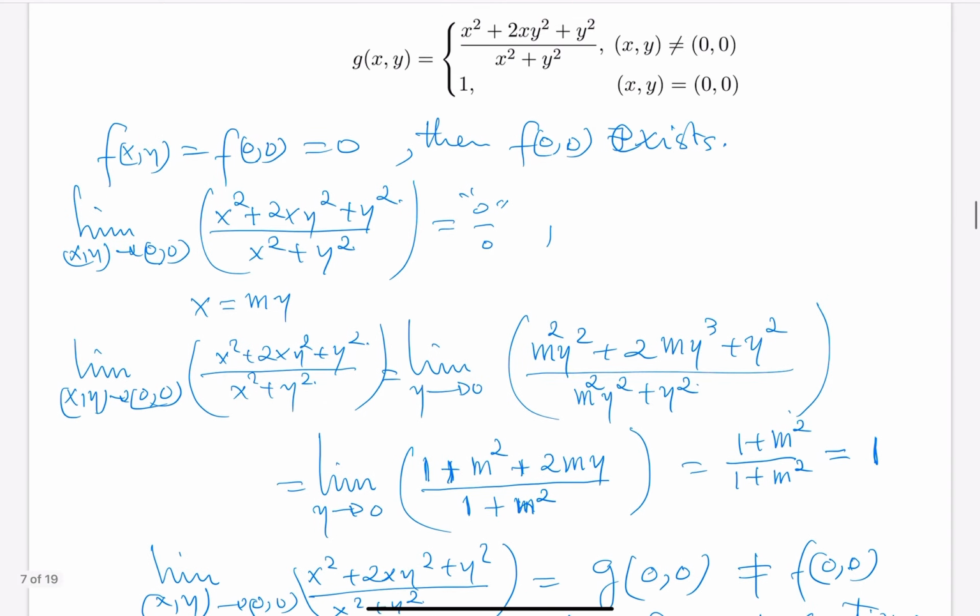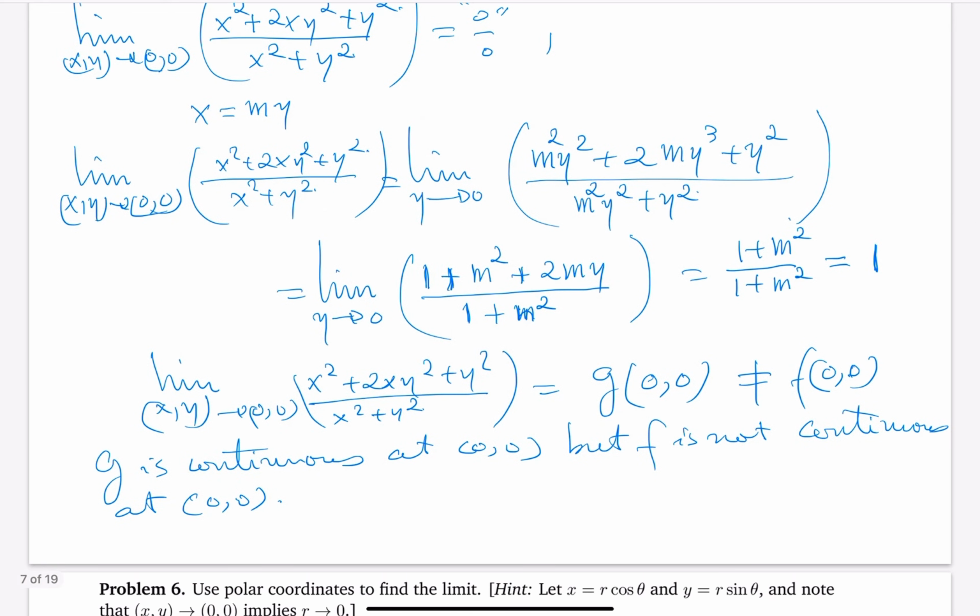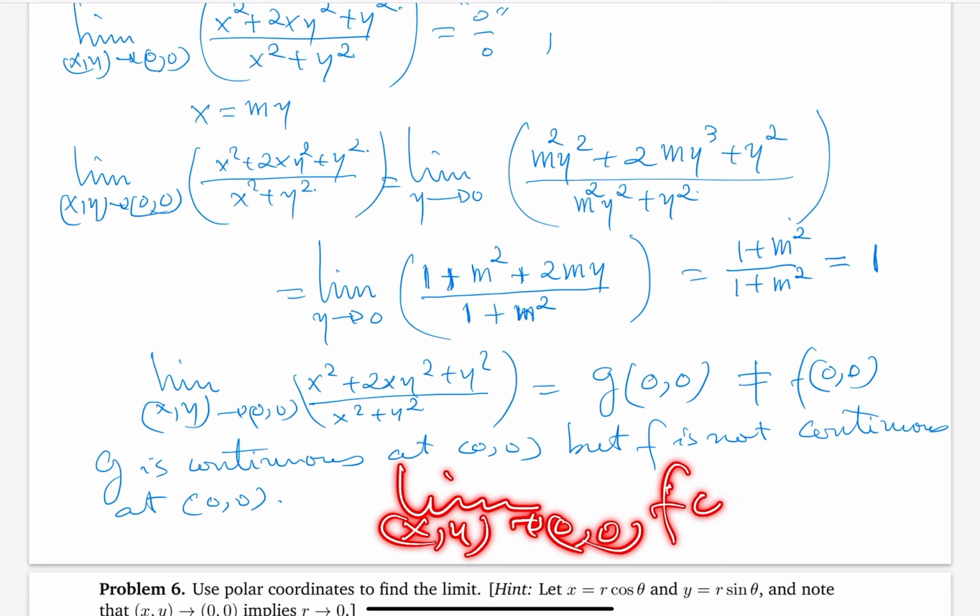Now, since the limit equals 1, and by the definition of continuity, the limit as (x,y) approaches (0,0) of f(x,y) has to be equal to f(0,0).